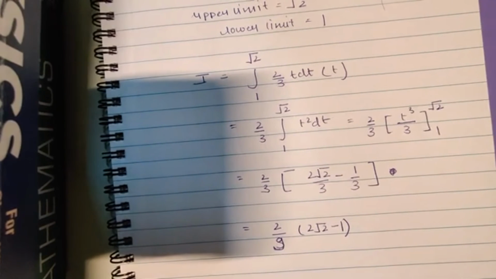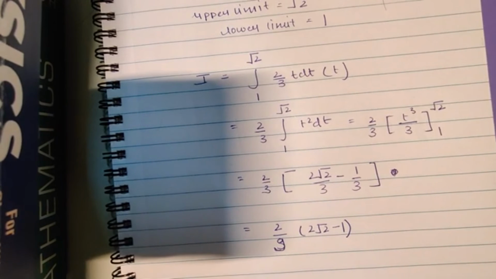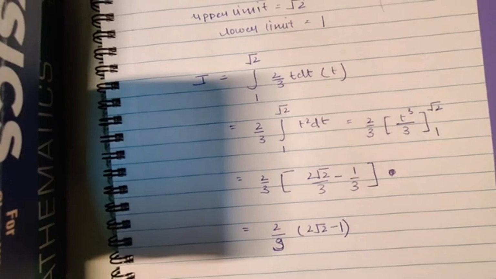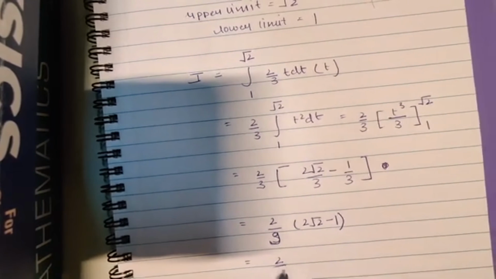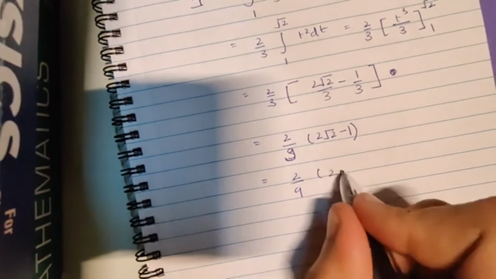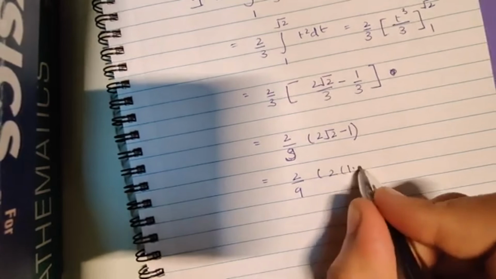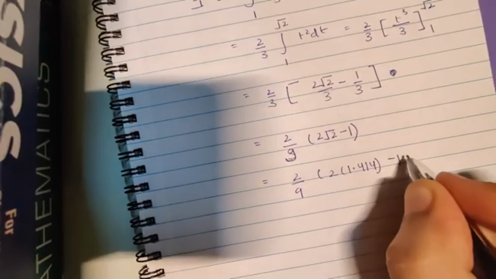And we can leave this here, or we can further calculate the value of 2 root 2 minus 1, which would be approximately 2 by 9 into 2 into 1.414 minus 1.